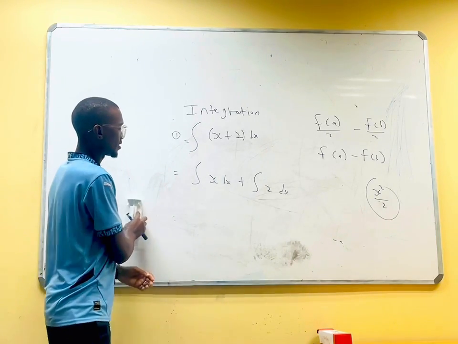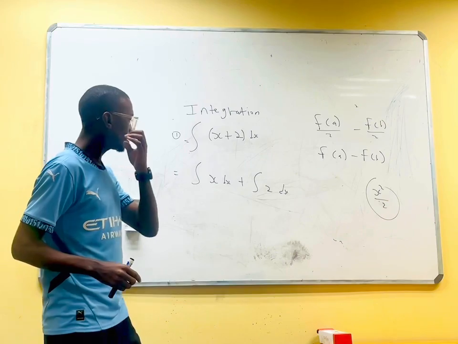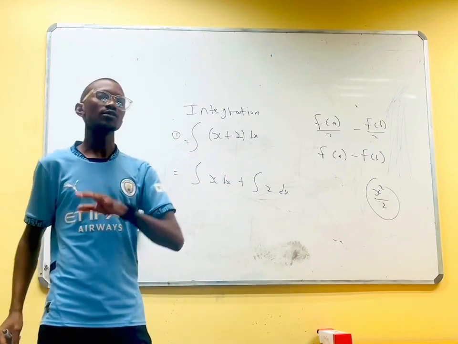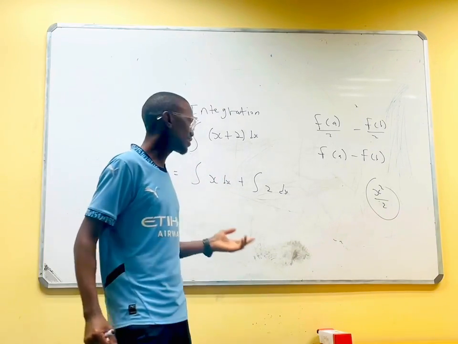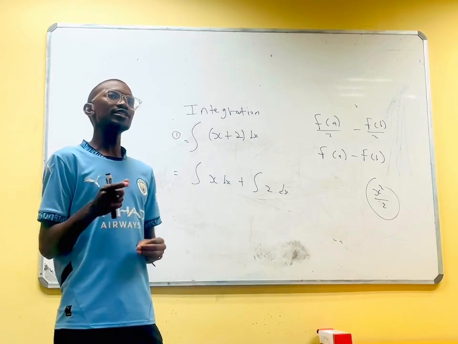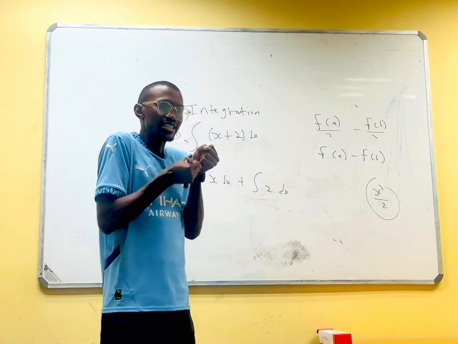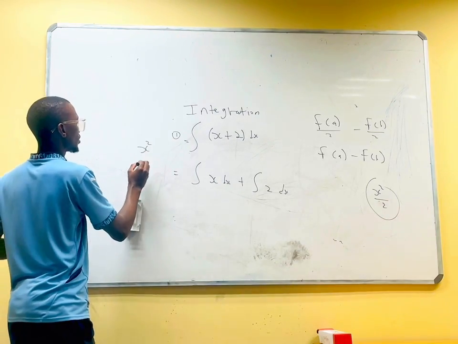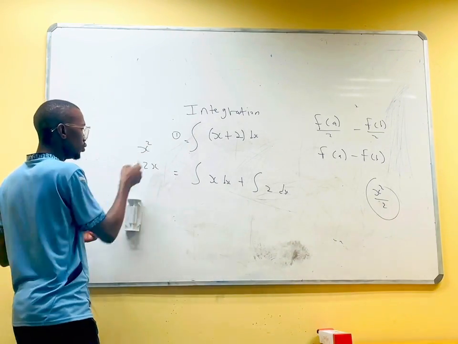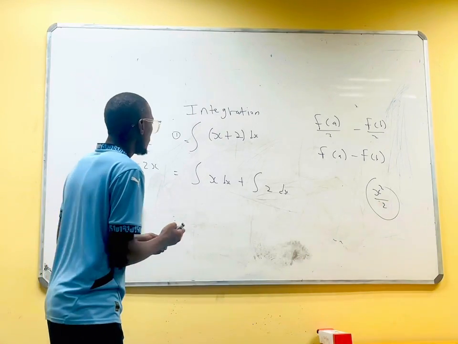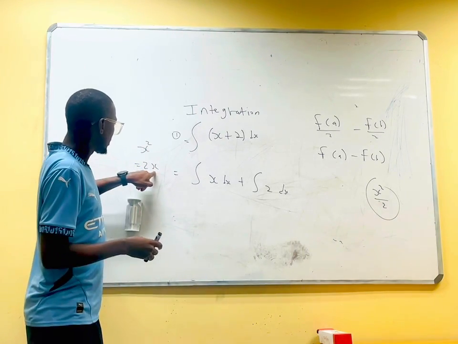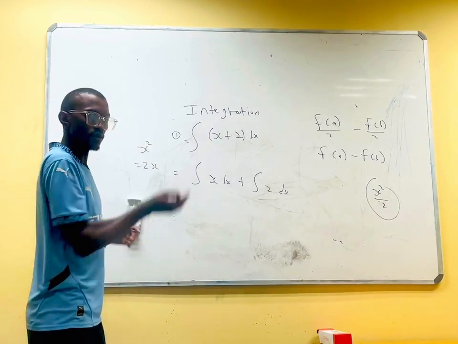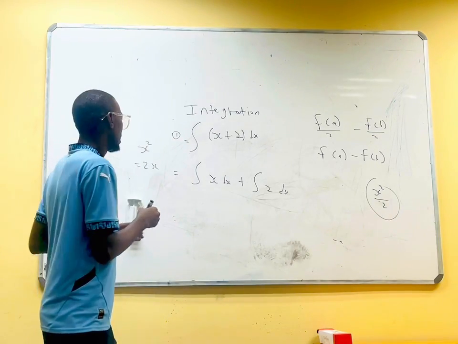Now let's apply the rules of integration, the power rule. With differentiation we are reducing: if a function was x squared, it becomes 2x, we pull the power down. But integration goes the opposite way, it increases.